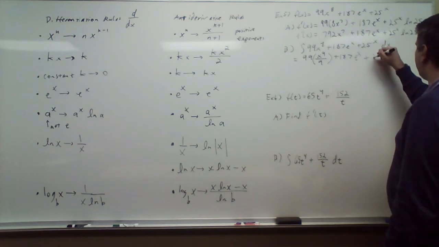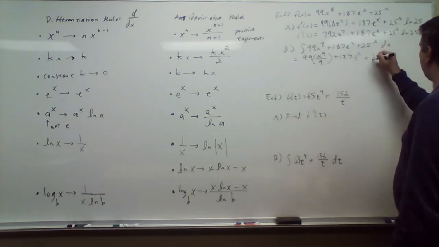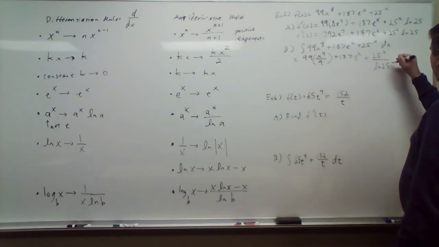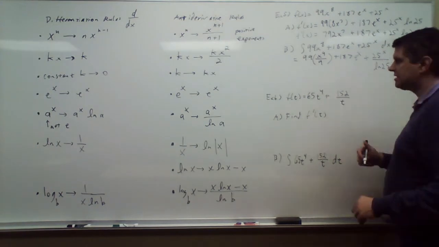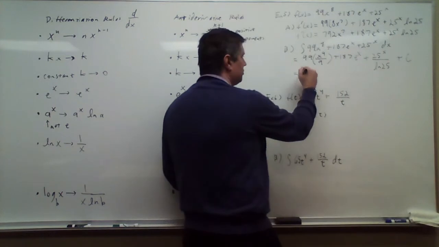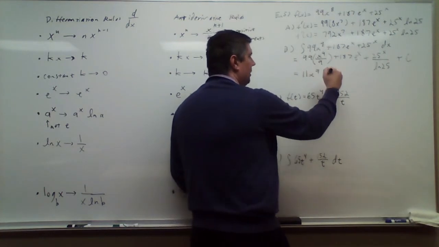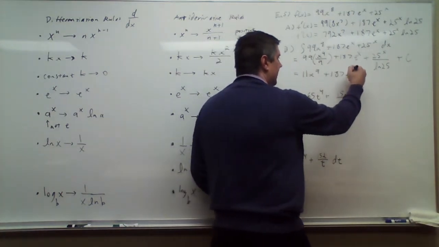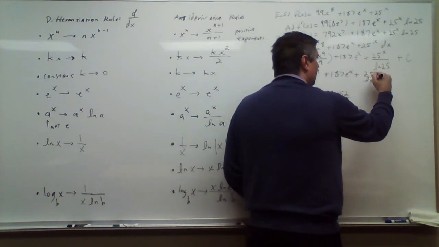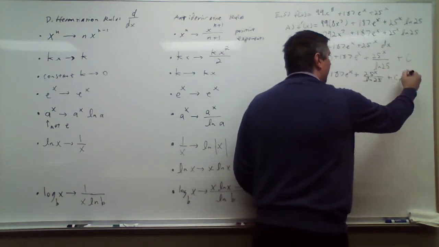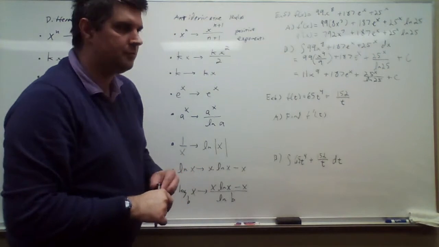So that's going to be 25 to the x power over the natural log of 25, and then plus capital C to account for the constants. Simplified, this will be 11x to the 9th plus 187 e to the x plus 25 to the x power over the natural log of 25 and then plus C. Okay?